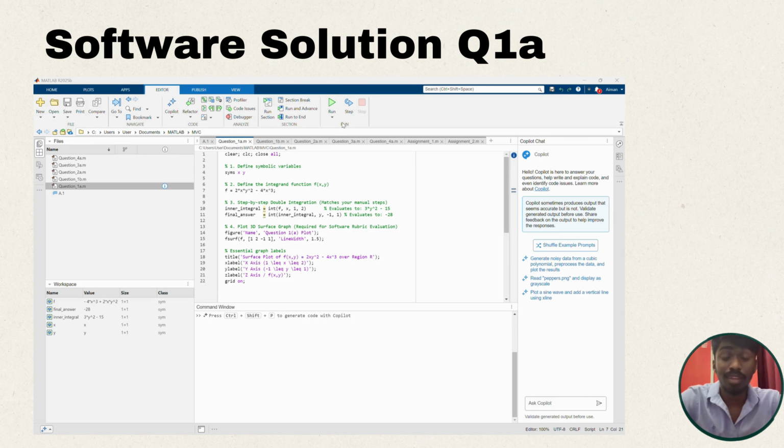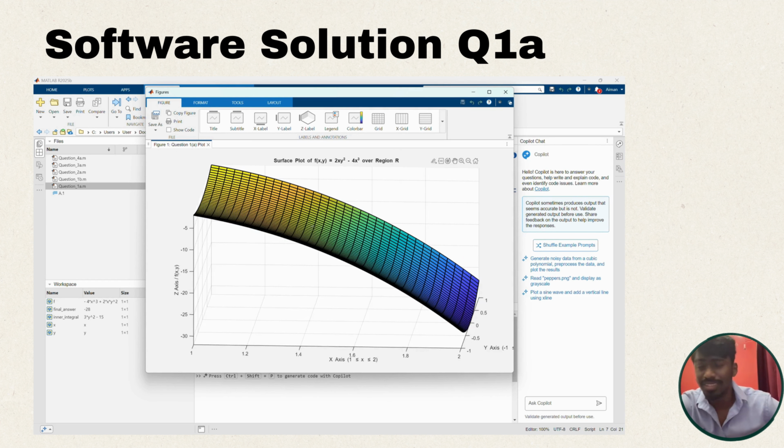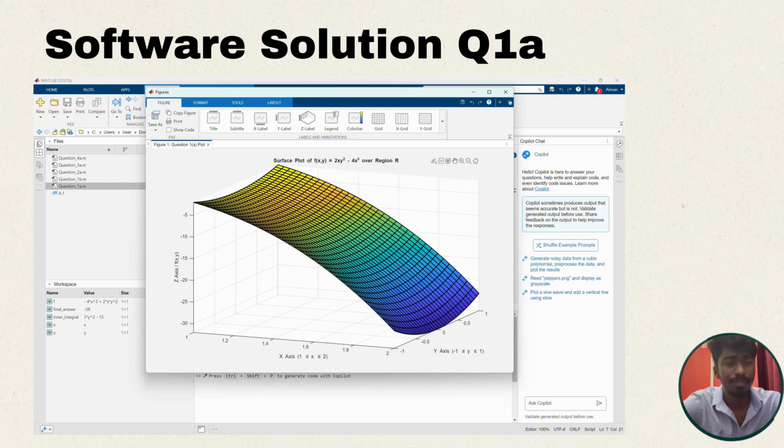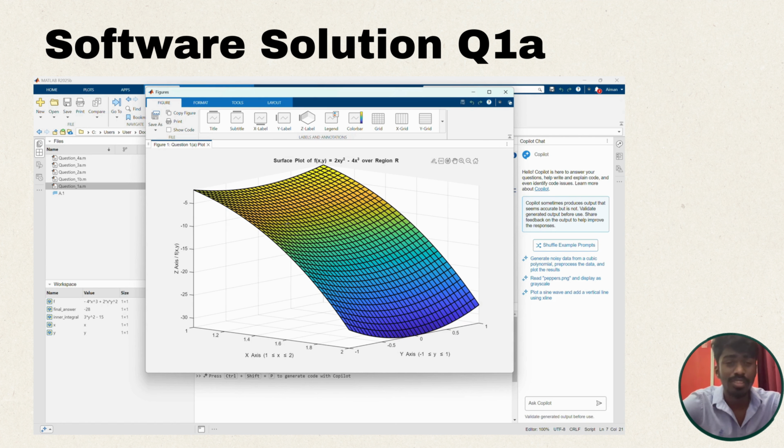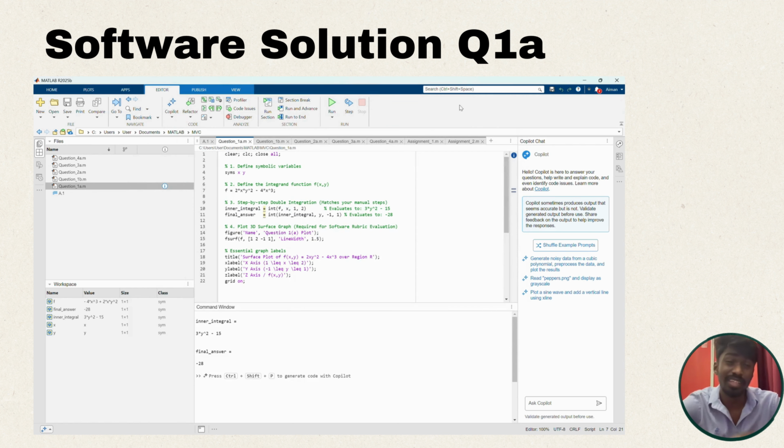Hello everyone. In this live demonstration on the third slide, you can see our script for question 1A being executed in MATLAB. Keep an eye on the workspace on the left side, where our symbolic variables are registered, and the command window at the bottom.